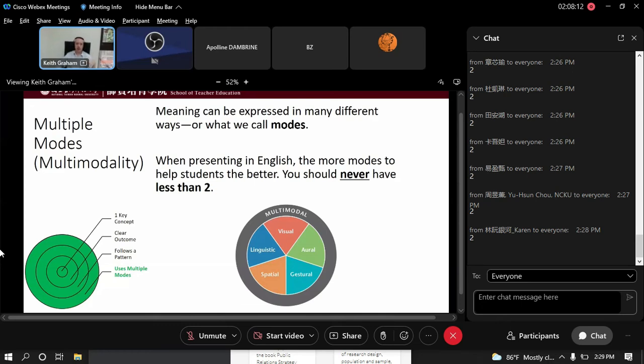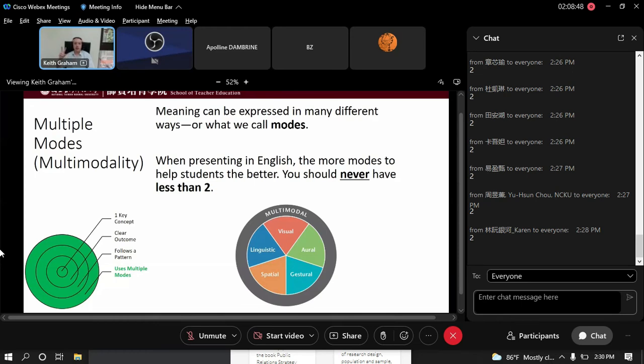When you're teaching in an EMI course, whether you're making a video for students, or you're teaching a study session, or you're working in English Corner, the more modes that you can use to help students understand what you mean, the better. Generally, you should try to never have less than 2 modes. So even today, I've been speaking and I've been giving you visuals on the screen.